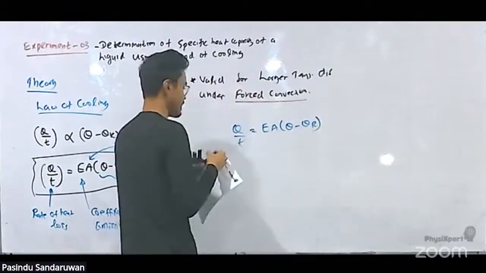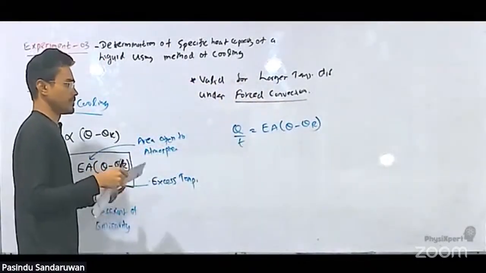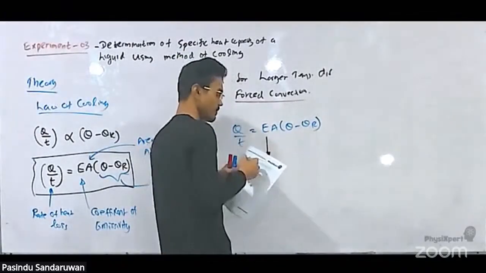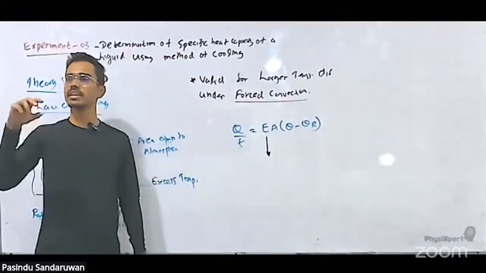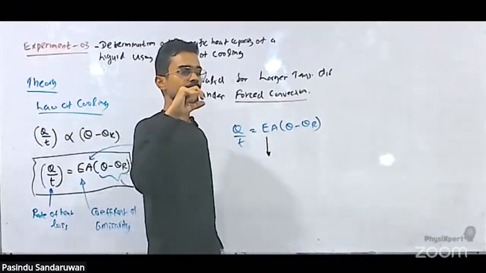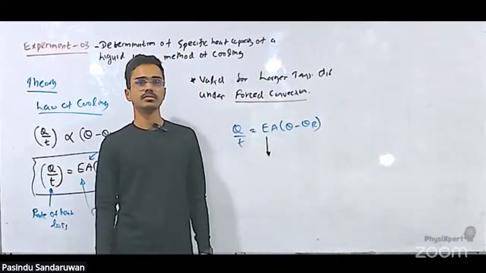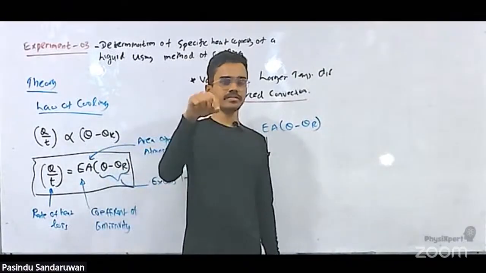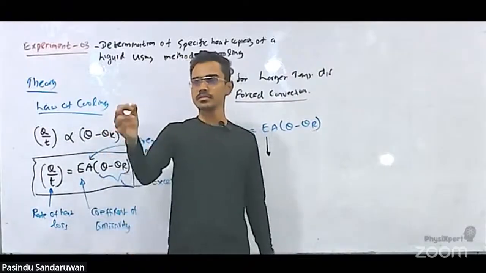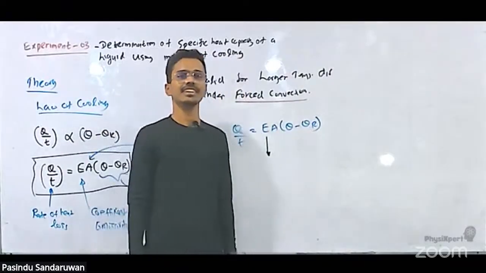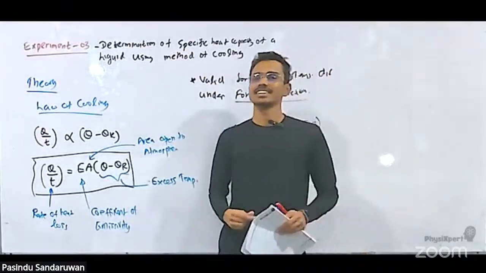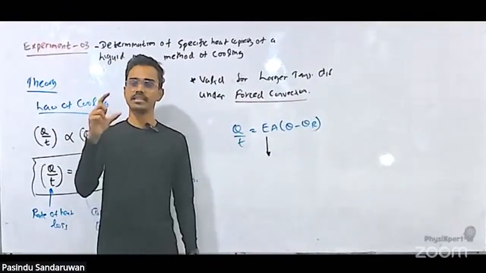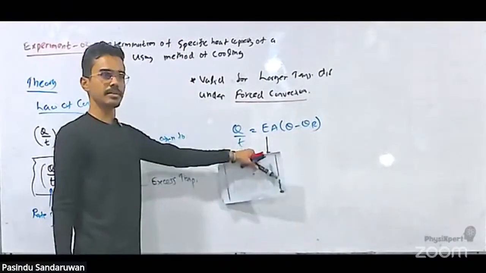Now, if I need to control this, first tell me what E depends on. On which does the coefficient of emissivity depend? The nature of the surface. If the nature of the surface is the same, E should be the same.